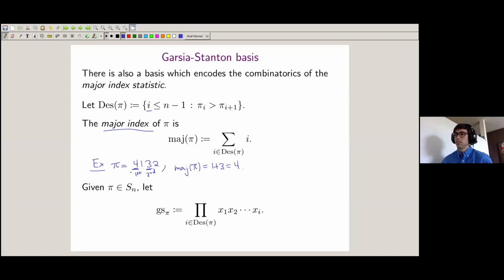So in our case of pi equals 4132, there's a descent in the first position, so that's x1. And then in the third, so we do x1, x2, x3. And from this, you can see that the degree of GS pi is exactly the major index statistic of pi.